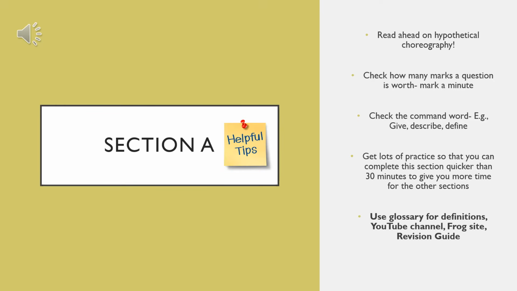It's a mark a minute for this section, but it's really important that you double check how many marks each question is worth, because if, for example, the question is a describe question and it's worth 2 marks, very often you'll just get 1 mark for a simple description and 2 marks for something slightly more detailed. So you must double check.